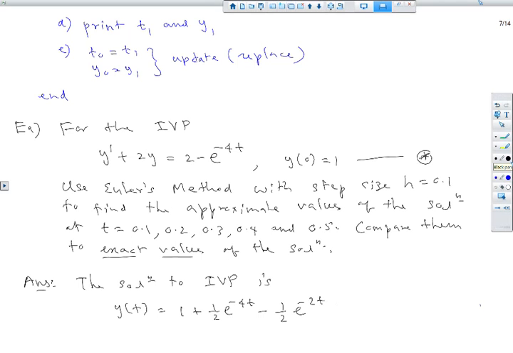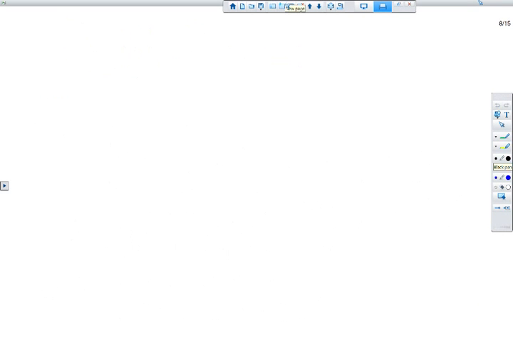So to use Euler's method, rewrite star as y prime equal 2 minus e to the minus 4t minus 2y. I'm going to call this function f(t,y). So you're going to redefine the function as f(t,y). You can see that it's a function of two variables, t and y.